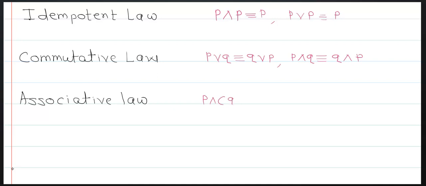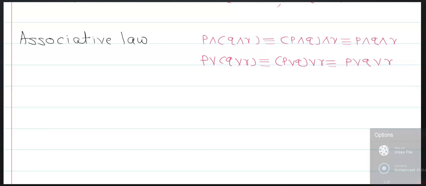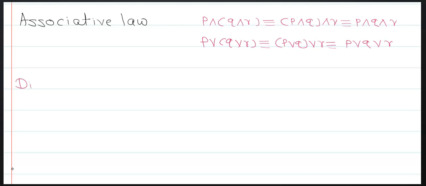Associative law: P and (Q and R) is nothing but (P and Q) and R. We can change the grouping. Or P or (Q or R) is (P or Q) or R. This is a very simple rule. You must know this rule.